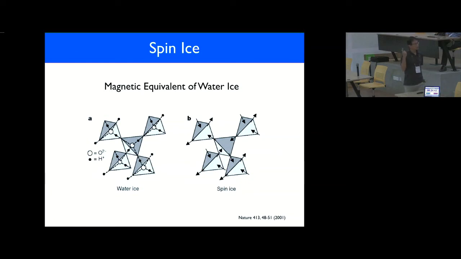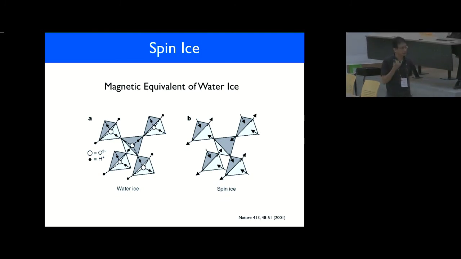But now your spins are confined to the 111 direction. So the only way you can do this is to have 2 spins pointing in and 2 spins pointing out. For this tetrahedron, you have a 6-fold degeneracy. And if you put this in a lattice, then you have an extensive number of degenerate ground states.